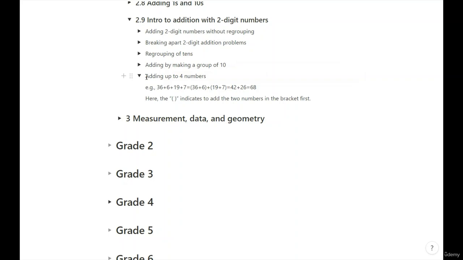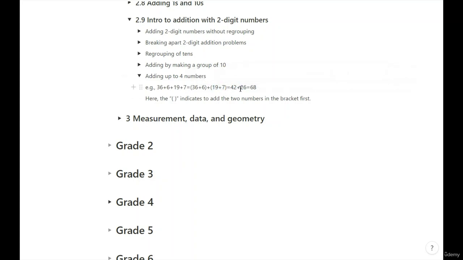Next point, let's add up to 4 numbers. For example, 36 plus 6 plus 19 plus 7. We will add 2 numbers first, and then the other 2 numbers. So the first 2 numbers added together, we get 42, and the other 2 numbers we add together to get 26.